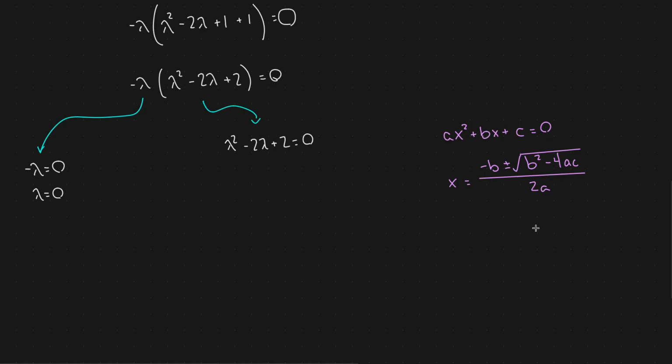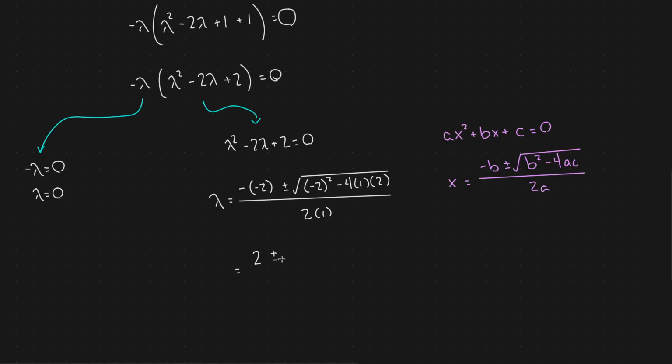And at this point in your education, you are expected to have that memorized, okay? So in this equation, lambda is playing the role of x, our variable. So let's plug into our quadratic formula. We have negative b. -2 is our b here, so negative b plus or minus the square root of b squared minus 4 times a, which is 1, times c, which is 2, all over 2 times our a, which is 1.